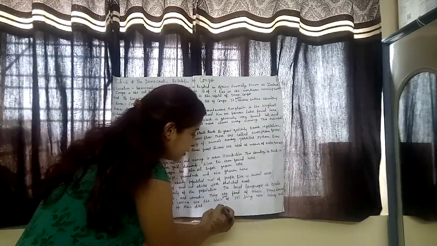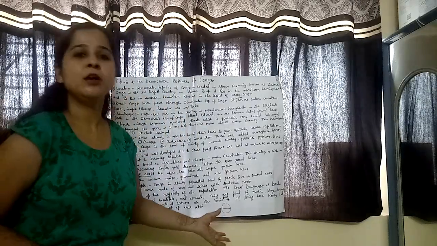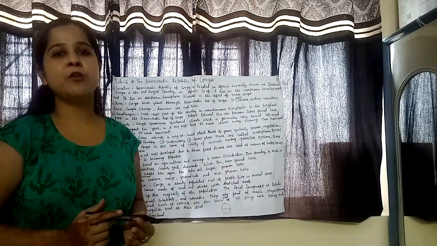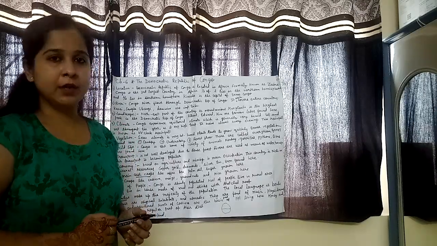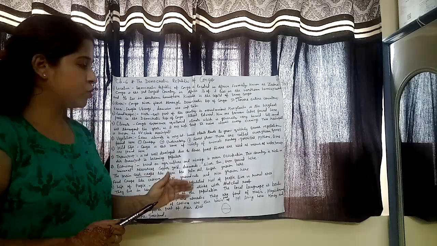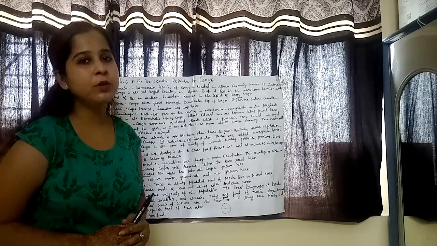Suppose this is our earth, and this is the middle line. This is the longest latitude on the earth, which is passing through the middle of the earth, and that longest latitude's name is equator. So the area which is lying nearby the equator is known as equatorial region.